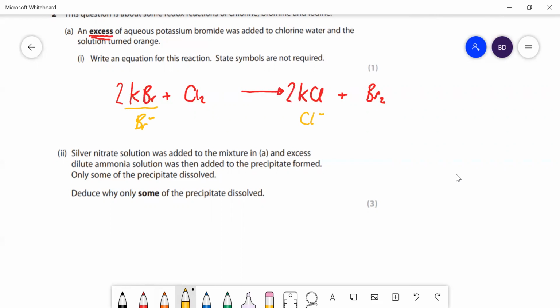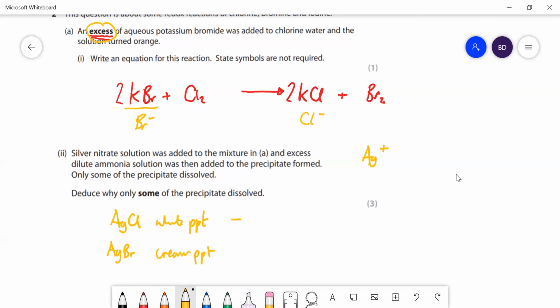Now, when you add the silver nitrate solution, you're adding the Ag+ ion, and of course, silver chloride is insoluble. So you're going to get a white precipitate of that. And you're also going to get a bit of silver bromide precipitate because of this important bit here, there's excess bromide there. And that's a cream precipitate. Now, when you add dilute ammonia, which of those precipitates will dissolve?